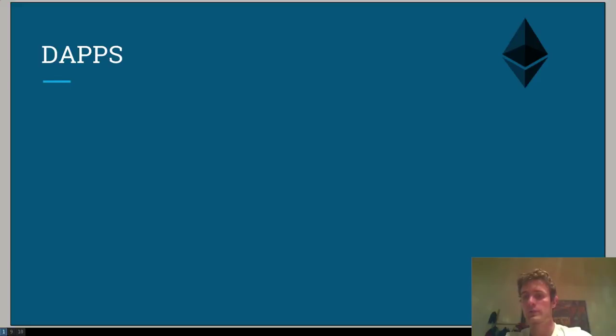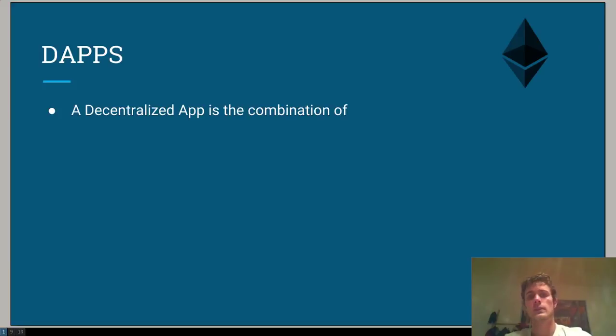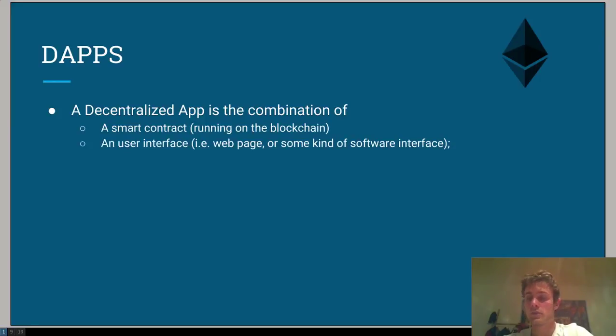But the thing that will really change users' experience is dApps. dApps stand for decentralized applications. They are a combination of a smart contract, like I told you, that is running on a blockchain, so it's decentralized, and a user interface.